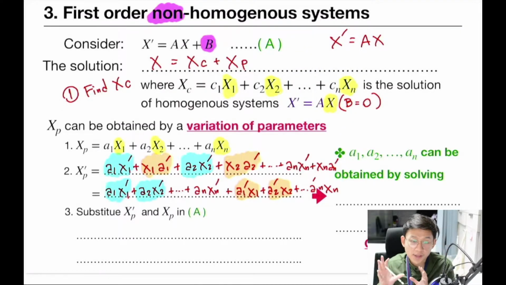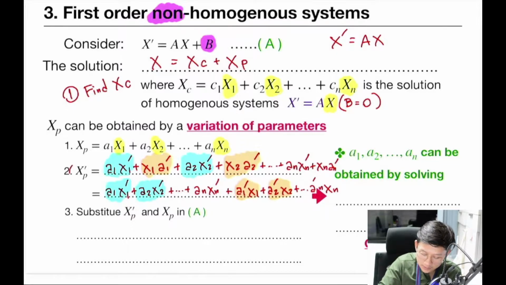It's nothing, it's just rearranging the terms. And then we substitute this and this in equation A. We substitute xp and xp prime into A.